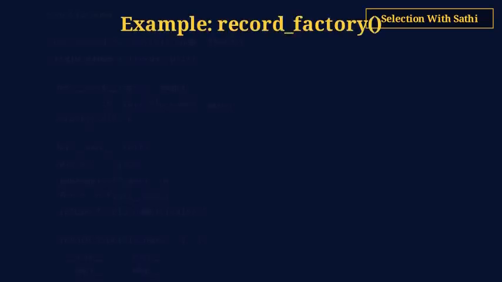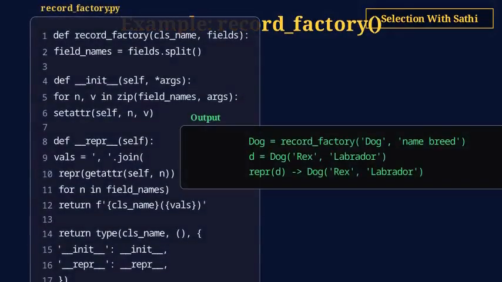Let's build a record factory using type. The function takes a class name and a list of field names. It creates a __init__ that assigns positional arguments to the named fields. It creates a __repr__ for nice printing.